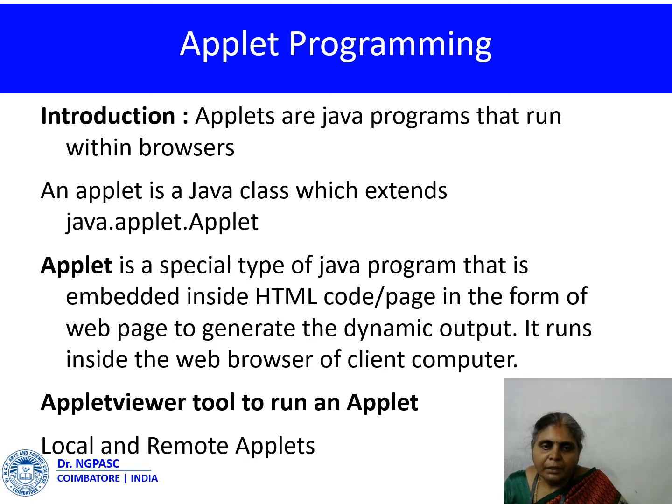A local applet is Java code stored inside your system, whereas a remote applet comes from a remote system via the internet, embedded in an HTML page that you run in a browser.